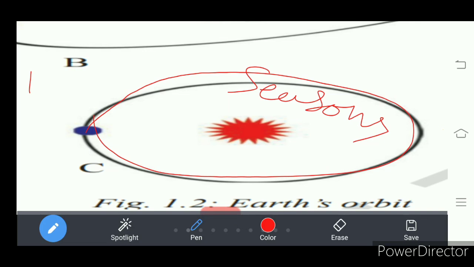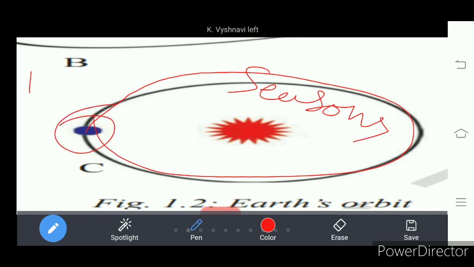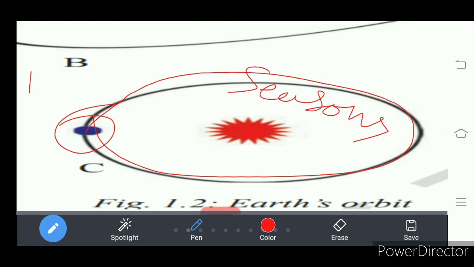Understand? Right? Then what is the effect of the earth's rotation? What is rotation? Rotating itself on its own axis, right? Due to that we get day and night. Day and night take place by the earth's rotation.